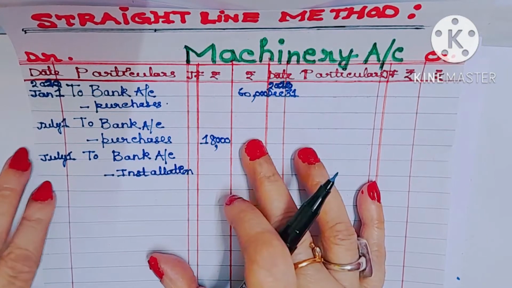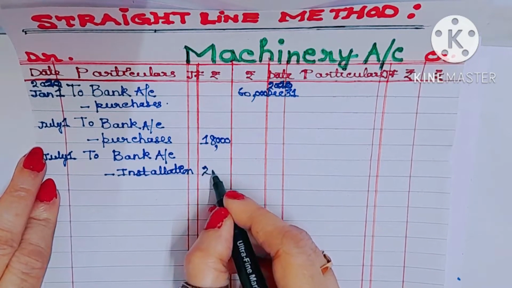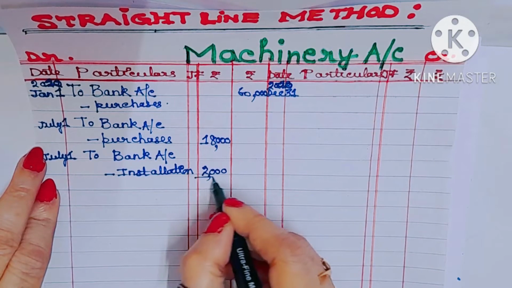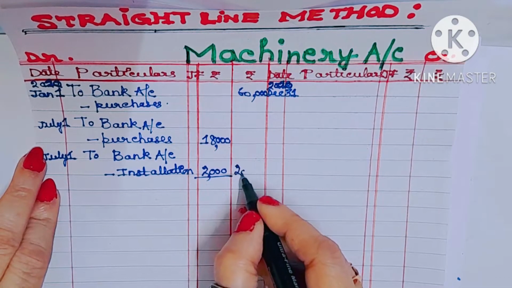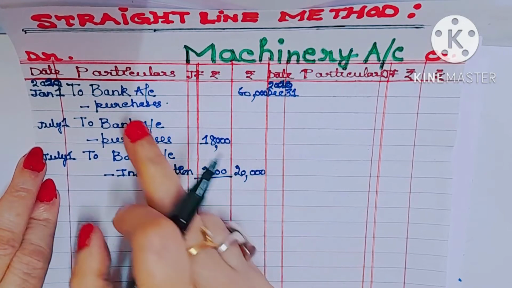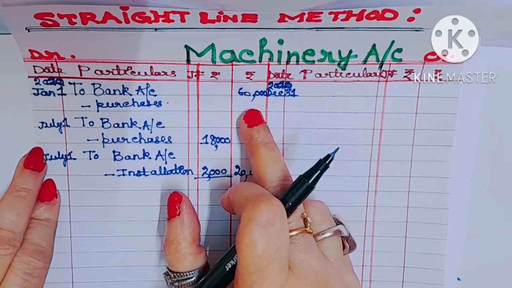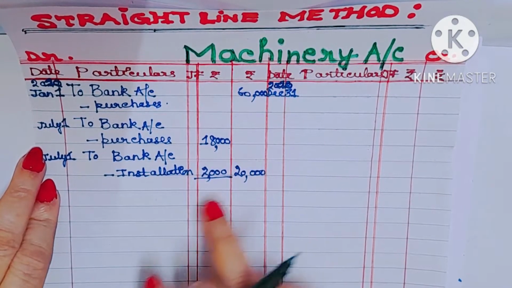For how much? 2,000. Now we'll add up this to 18,000 plus 2,000 will give you 20,000. So the first machinery cost 60,000 and the second machinery cost 20,000.